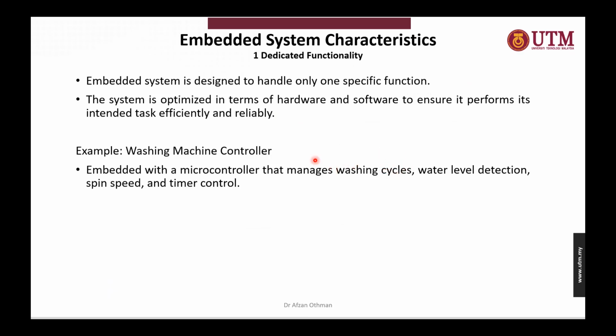So this microcontroller will manage the washing cycles and the water level detection, to check the water level when you put a load inside the washing machine, to make sure you do not waste any water.